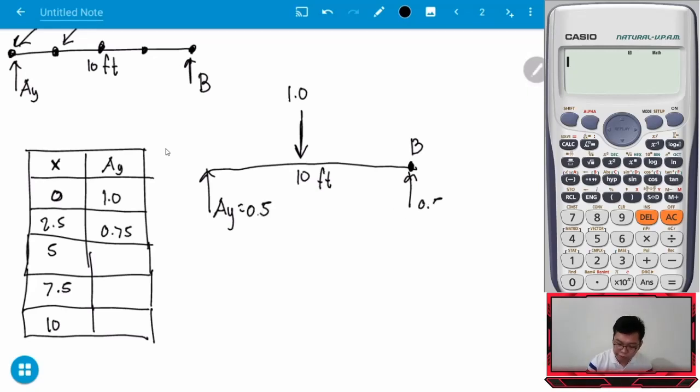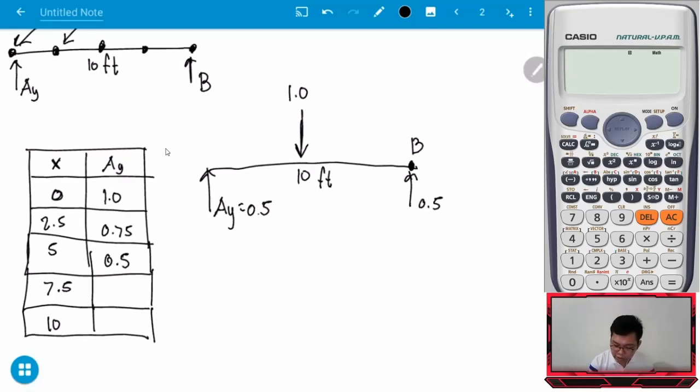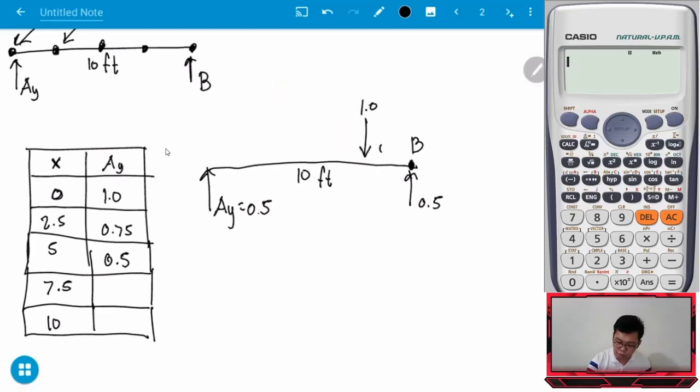This is actually 0.5. Symmetrical, simply supported beam. Obviously, equal yung reaction since the load is at the center of the beam. So, ilalagay ko lang dito, 0.5. And then, I think obvious na pag ilalagay natin dito yung 1.0, this is 2.5, this is 0.75. Obvious din na this is actually 0.25.